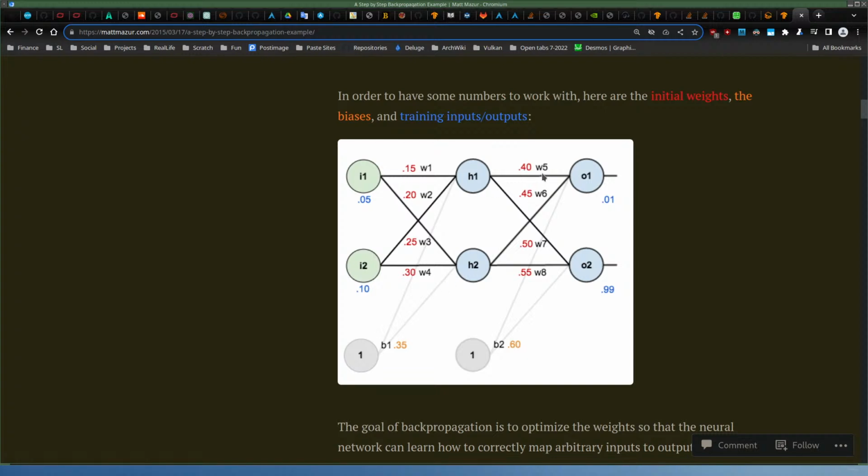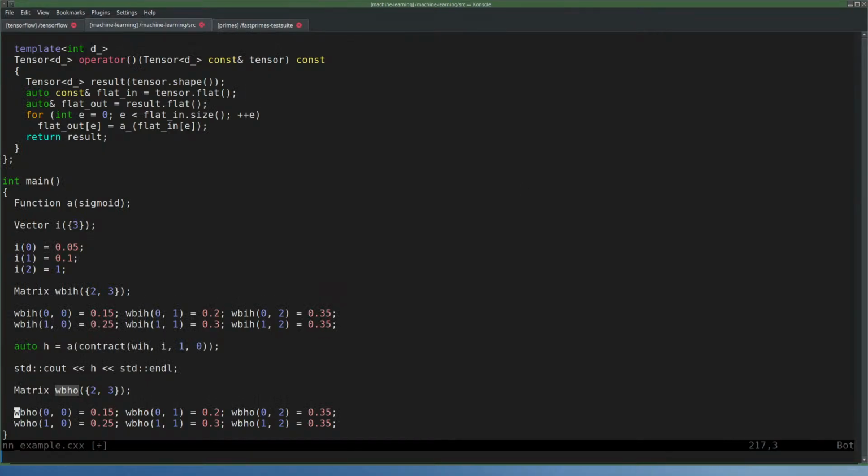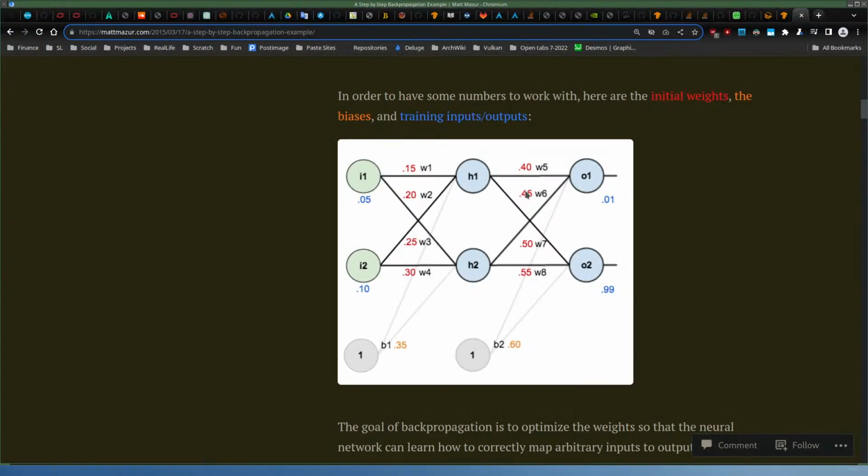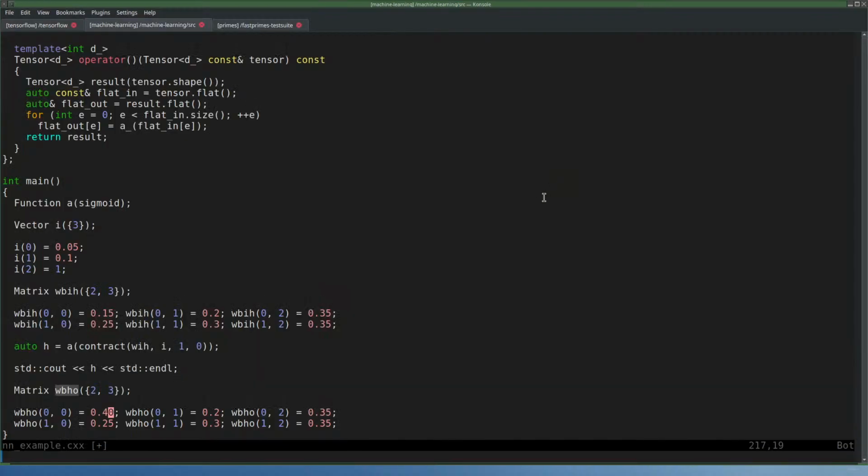So the 0.15 is 0.40 now. And then the 0.45 replaces the other one. I think it belongs to this one. Yeah, that goes there. 0.45. 0.60 for the bias.